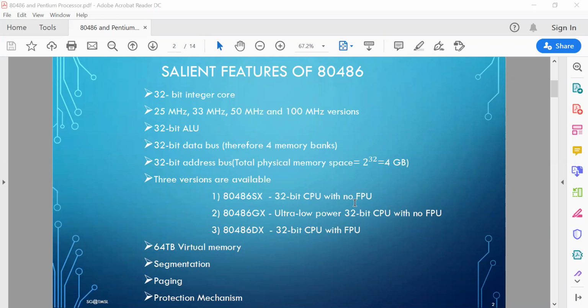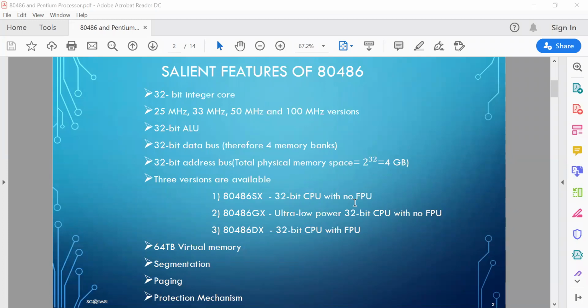Now, in previous microprocessors, like the 8086, 80186, 286 or 386, if you want to process any floating point numbers or certain complex arithmetic operations, you need to connect a math coprocessor, also called a numeric coprocessor.